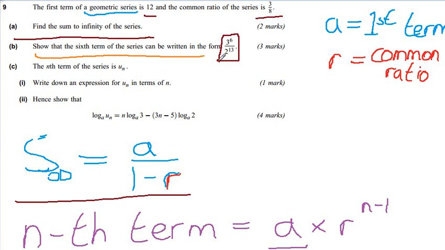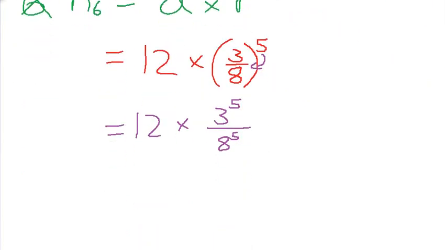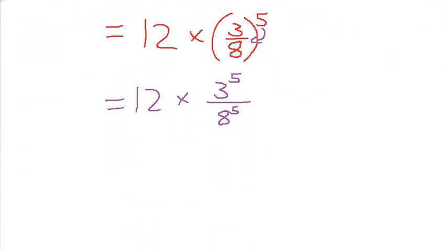So 3 to the power of something and 2 to the power of something. So let's split up our 12 and our 8. Well, 12 is equal to 3 times 2 to the power of 2. So we get something in a 3 and something in a 2. And then we'll times that by 3 to the 5. Well, that's fine, leave that as it is.